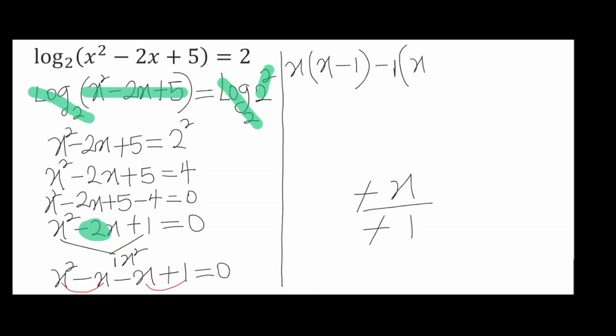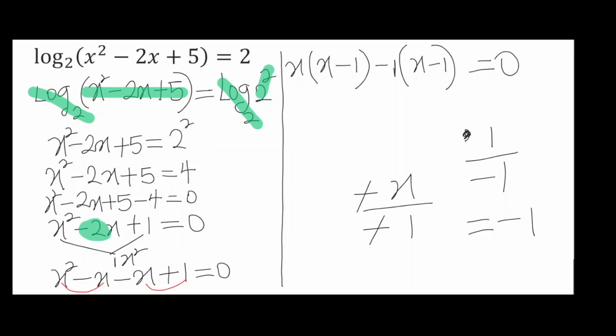Then we have -1 in 1, that is 1 divided by -1. We know that positive divided by negative is going to give us negative. So 1 divided by 1 is 1, so we have -1. Then we close the bracket.